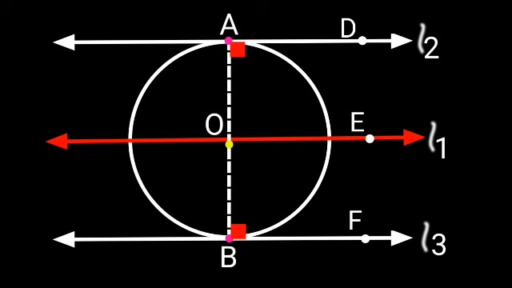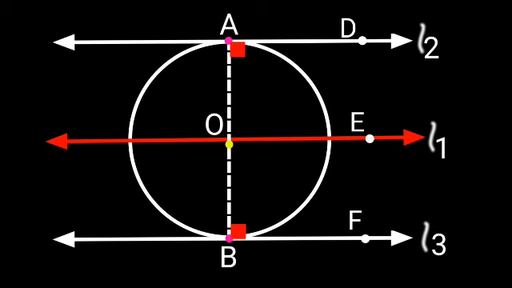By the transitivity property, we can say that if L1 is parallel to L2, and L2 is parallel to L3, then L1 is parallel to L3.